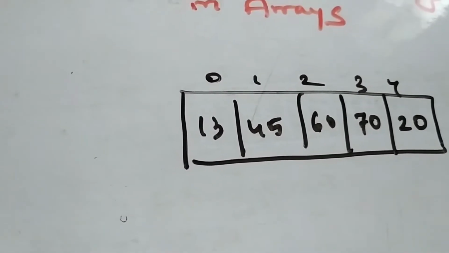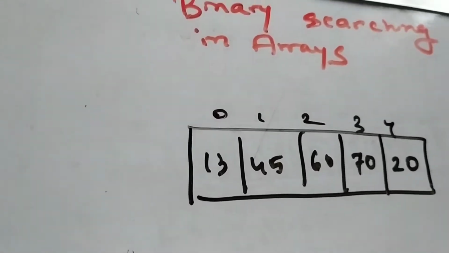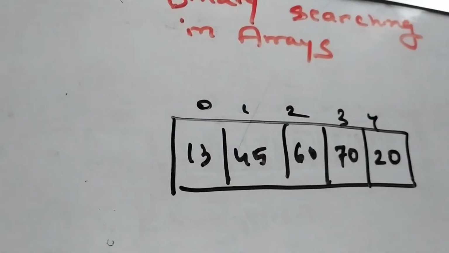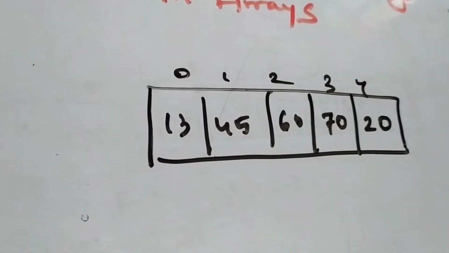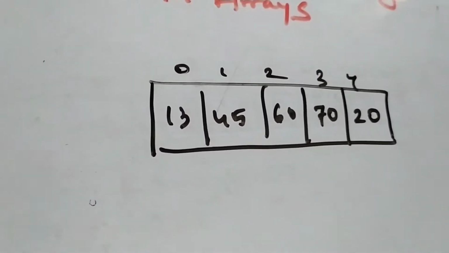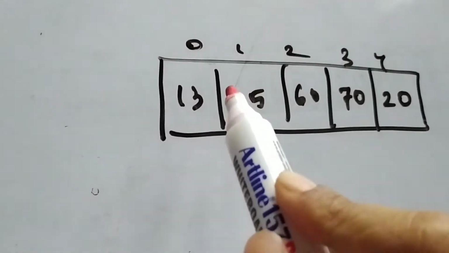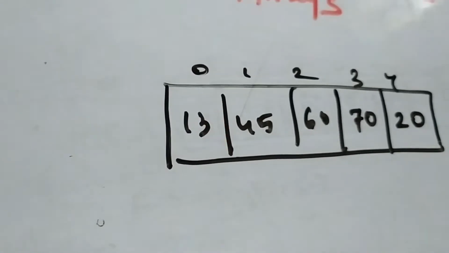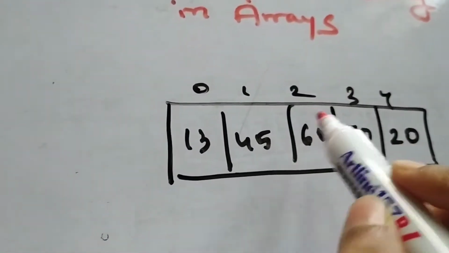In case of linear searching, the search will be sequential. That is, it will start from index 0, then 1, then 2, gradually. But in case of binary search, it will directly jump to the middle of the array.